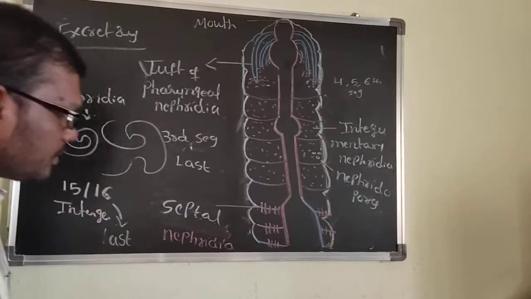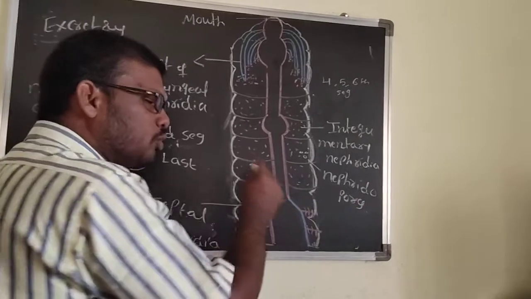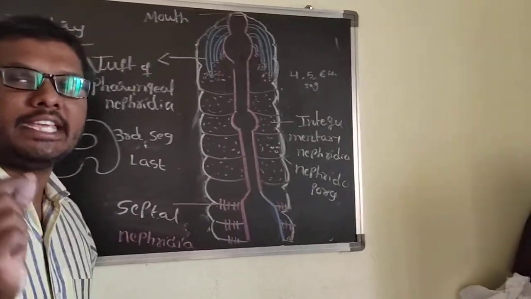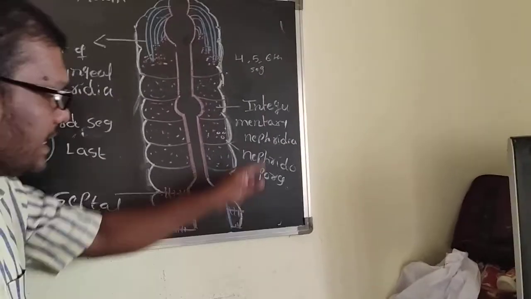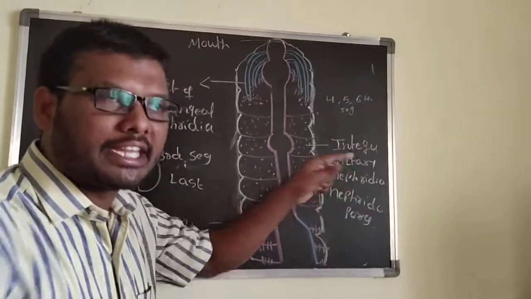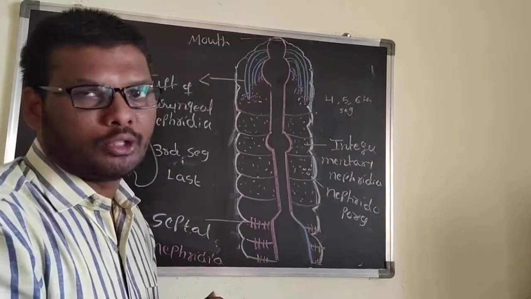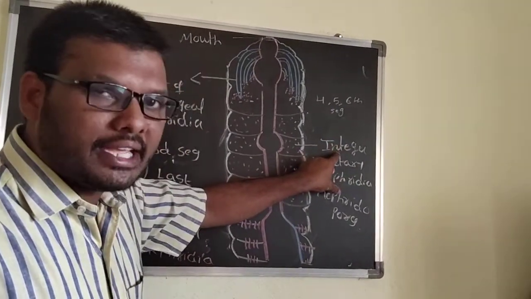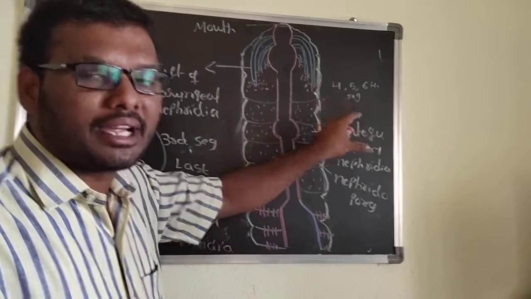And if the nephridia open to the exterior, that type is called exonephric nephridia. Can I say integumentary nephridia? It opens outside of the body through nephridopores. That's why integumentary nephridia are called exonephric nephridia.